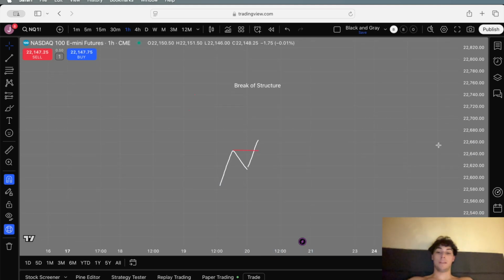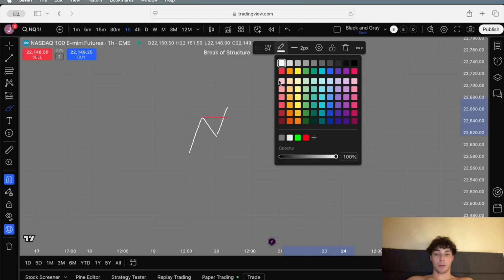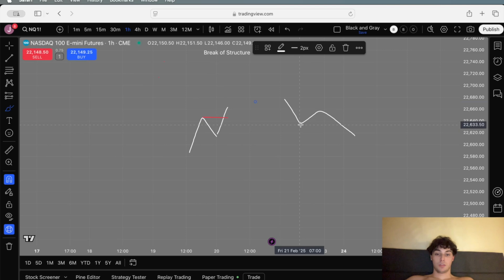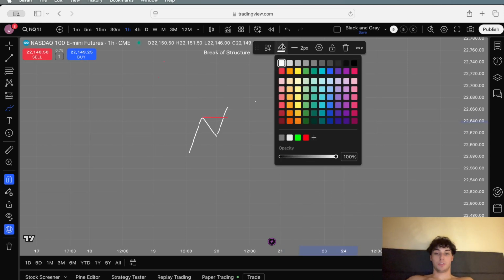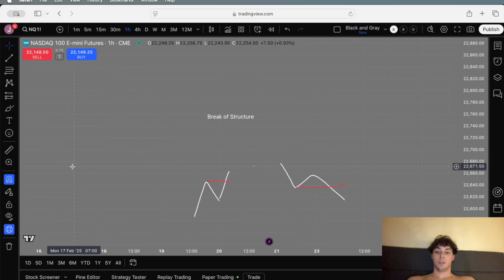So we'll show real life examples. And right here is a bearish one of a break of structure.